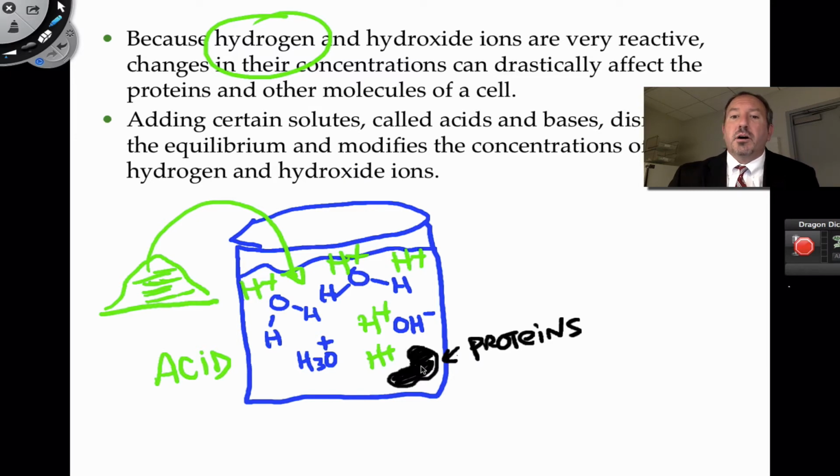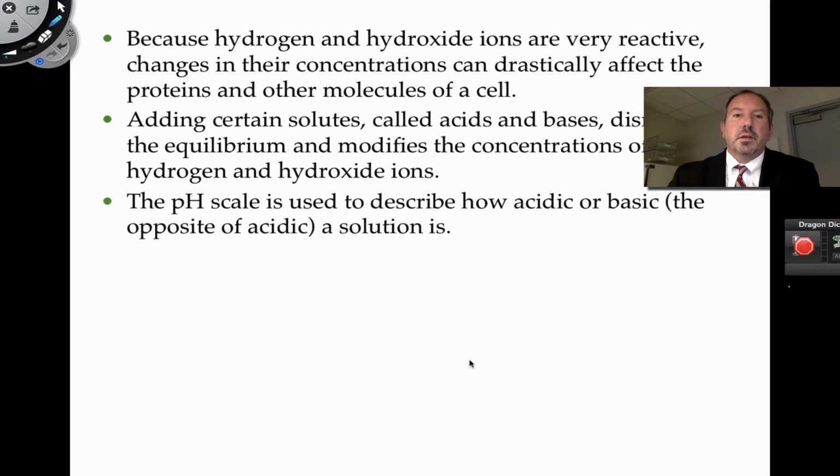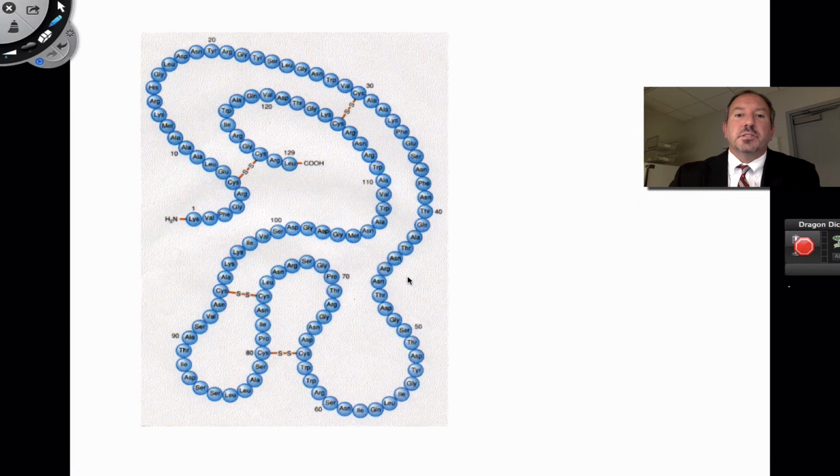If you alter the shape of the protein, you'll alter its ability to function properly. So if a solution becomes extremely acidic or extremely basic on the scale, and I'll get more into this, it could affect the shape of the protein.